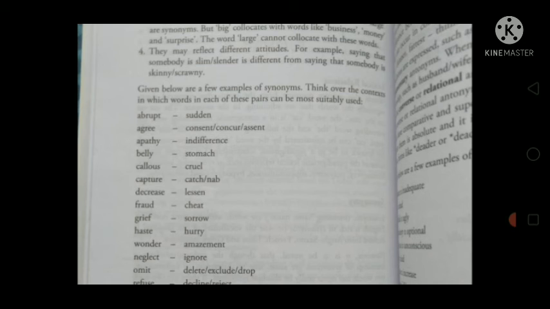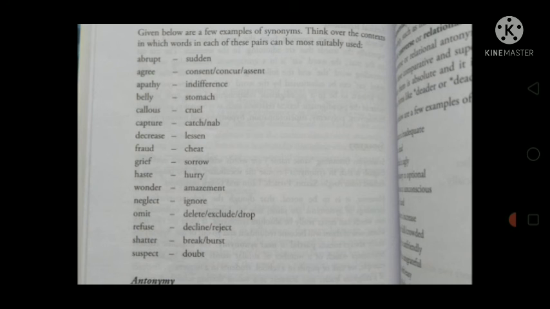Decrease, lessen. Fraud, cheat. Grief, sorrow. Haste, hurry. Wonder, amazement. Neglect, ignore. Omit, delete, exclude. Refuse, decline, reject. Shatter, break. Suspect, doubt. These are the suitable similar words.